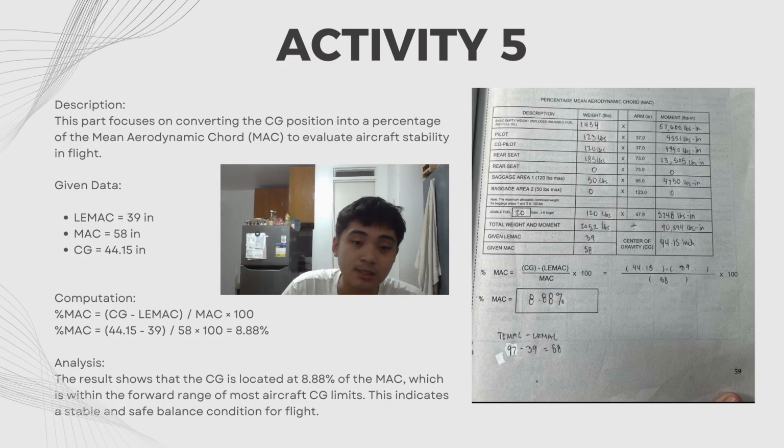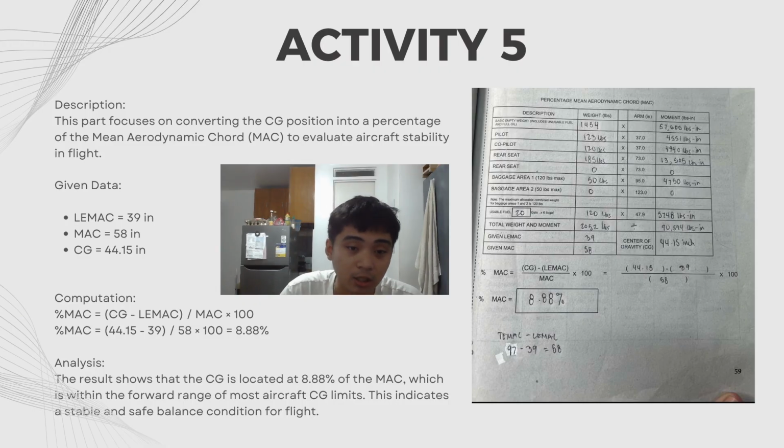The same process is done for all other items, such as the co-pilot, the rear seat, baggage areas, and usable fuel. After computing all components, we sum them up. Total weight equals 2,052 pounds, while total moment equals 90,594 pound-inches.